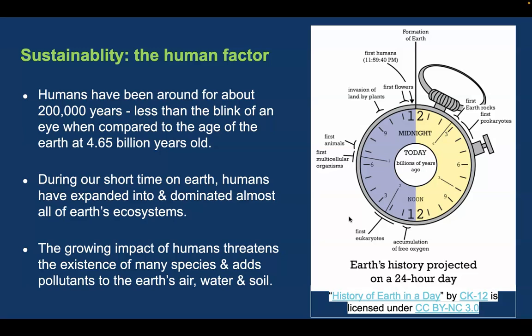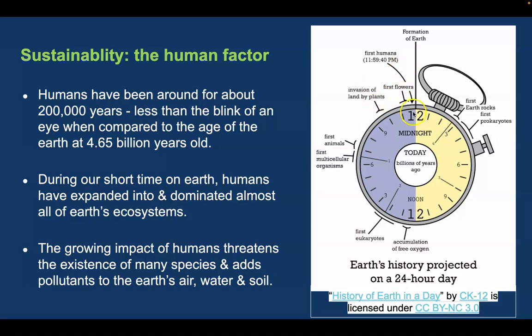And that was prokaryotic life, the bacterial life. But when you look at humans, and if you looked at the formation of the Earth until now, and we put this on a time scale that's more tangible to us, we could project Earth's history in a 24-hour day.